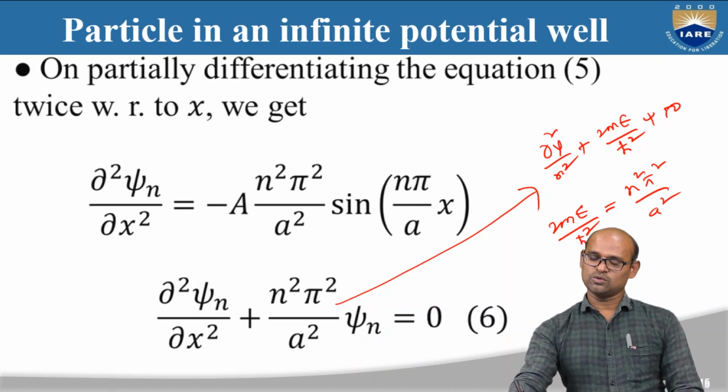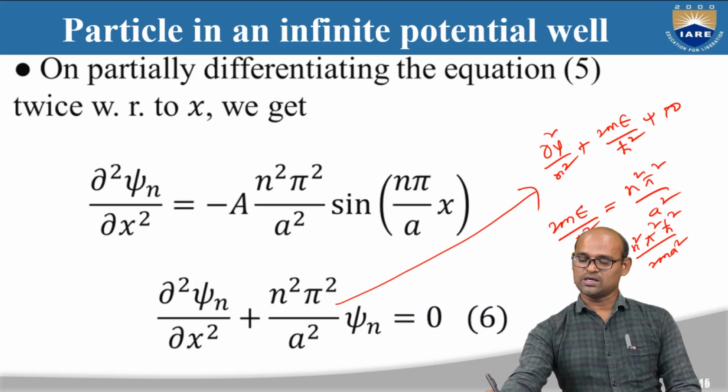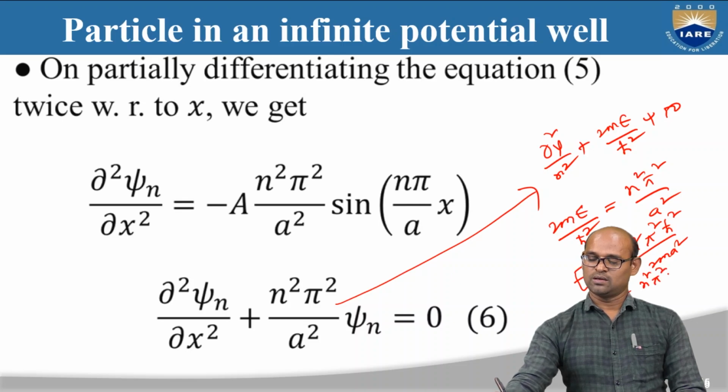So from this I can write what the energy E is. Energy of this particle, E, is equal to n²π²ħ²/2ma², or I can substitute for ħ². ħ² is h²/4π², so π² will cancel out.